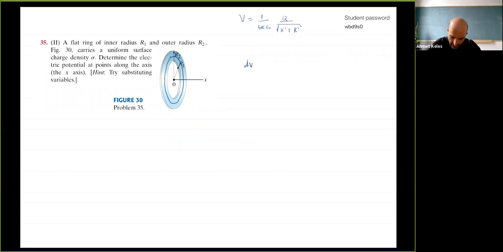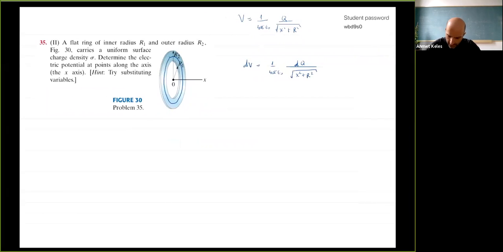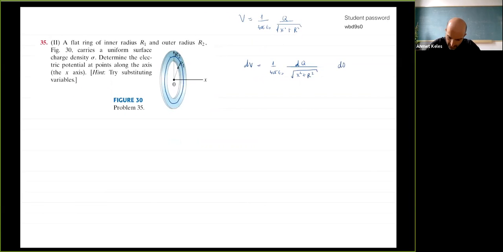So this dV is equal to 1 over 4 pi epsilon naught dq divided by x squared plus r squared. And dq, I know how to get this. dq is equal to 2 pi r dr, this is the area, times sigma, or I think they give us the sigma.